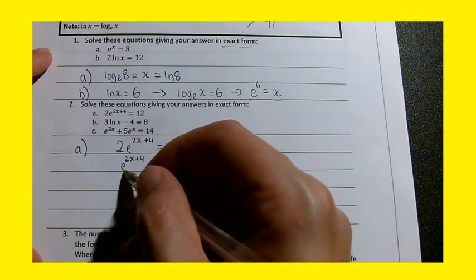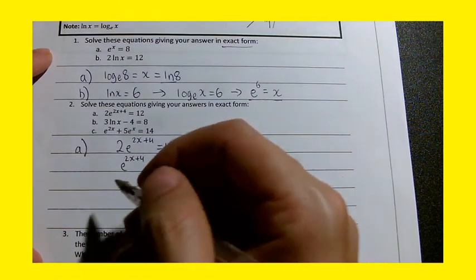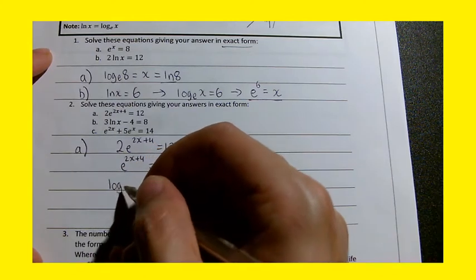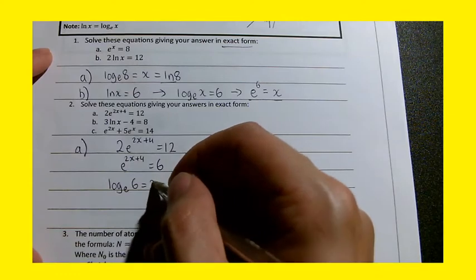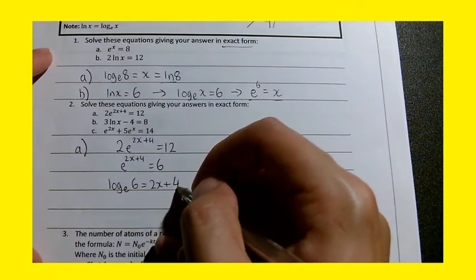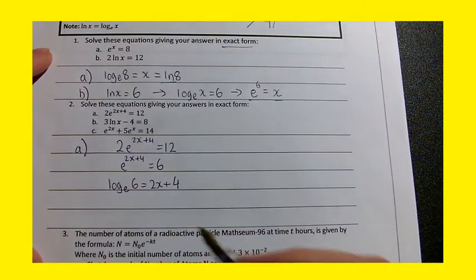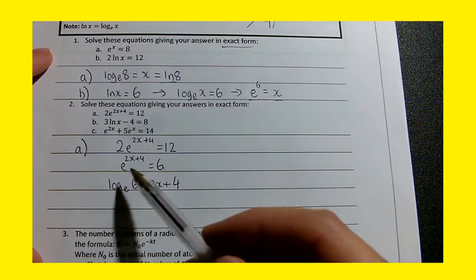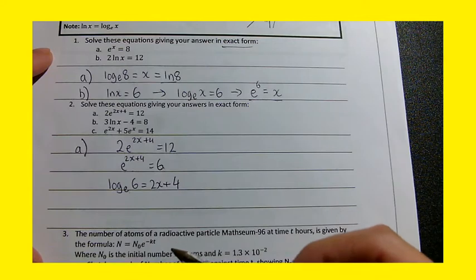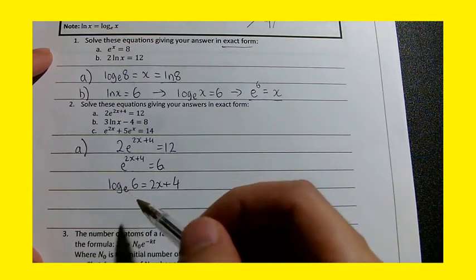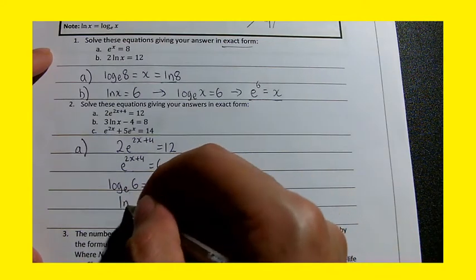Now again, this is exponential form. I'm going to convert into log form. So I'm going to get log base e of 6 must be equal to 2x plus 4. Yeah, so you can convert from exponential to log in that way. This number becomes the base, the 6 goes in one side, the 2x plus 4 goes in the other side. Log base e of 6, that's ln 6.